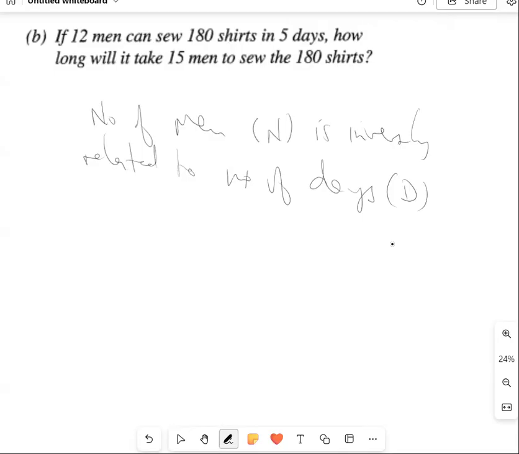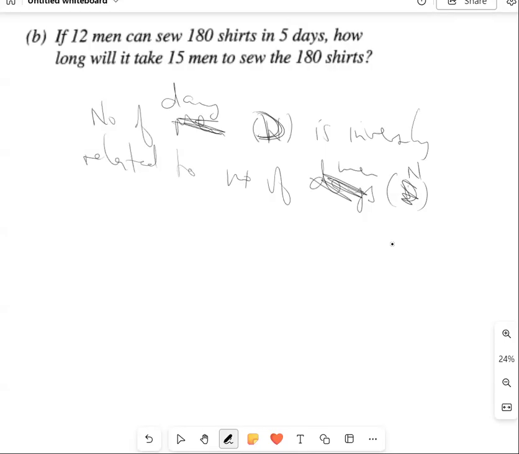I can write that the other way around. The number of days, D, is inversely related to the number of men, N. I have a reason: I want to make D the subject of the formula. That's why I'm inverting the arrangement. What I had there just is not wrong. It's just that there's a reason.